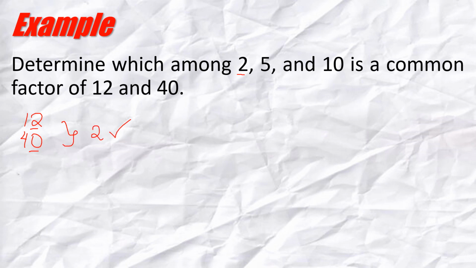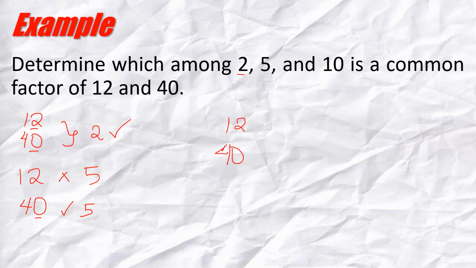Next, 5. 12 is not divisible by 5. Why? Because the last digit is not 5 or 0. 40, the last digit is 0. Therefore, we can say that it's divisible by 5. So 12 is not divisible by 5, but 40 is divisible by 5, so we cannot say that 5 is their common factor.